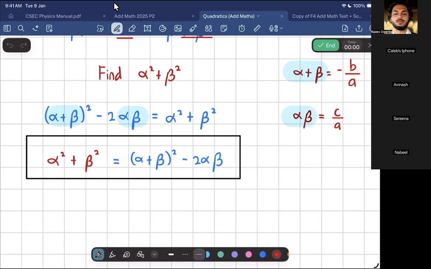Right? So Avinash, you have to find a new sum, right? To find a new sum, you have alpha squared plus 1 plus beta squared plus 1. Are you seeing any like terms there? It's 1 on 1. If you add 1 and 1, 2. Right?